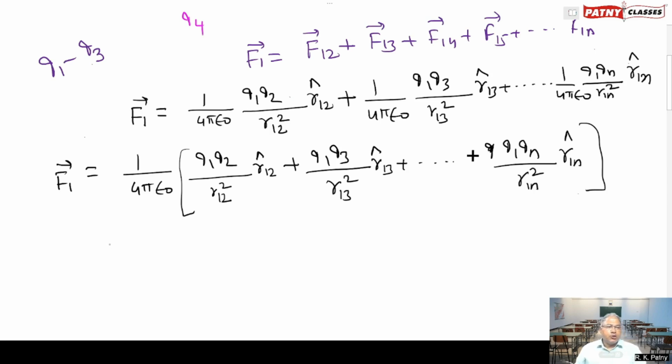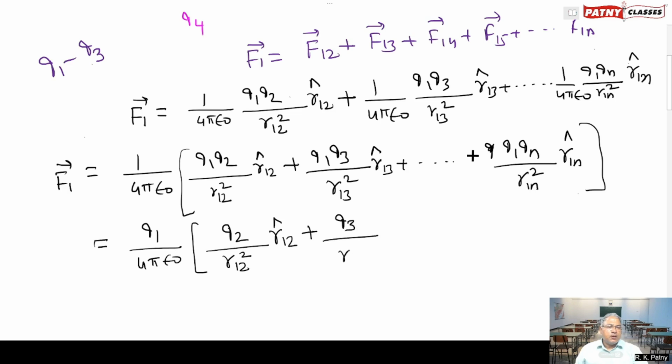Now taking Q1 common, we get Q1 upon 4 pi epsilon naught. Here we get Q2 upon R12 square multiplied by unit vector R12 cap plus Q3 upon R13 square multiplied by unit vector R13 cap plus and so on, Qn upon R1n square multiplied by R1n cap.